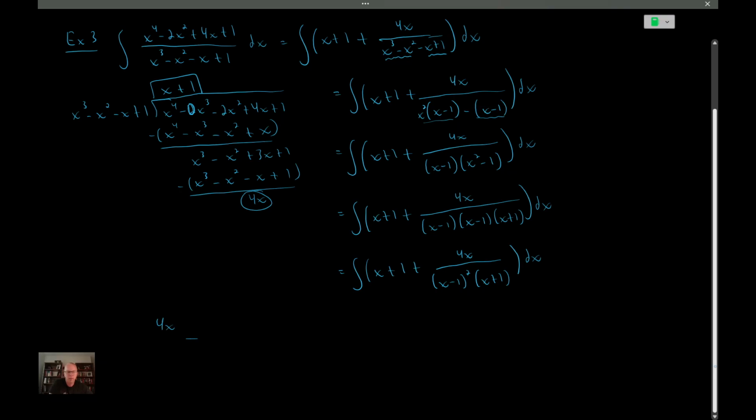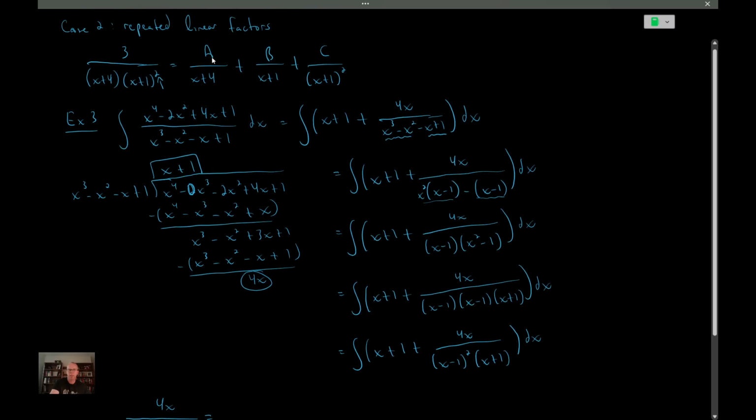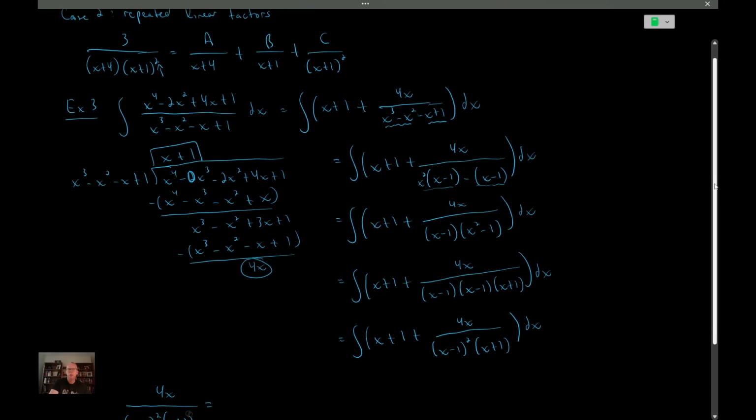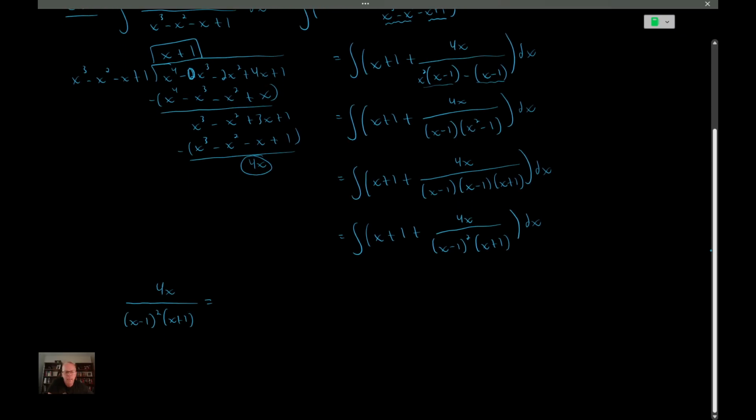So we have 4x over x minus 1 squared times x plus 1, and we're going to set it up the way we did up here. So we have a over x minus 1 plus b over x minus 1 squared plus c over x plus 1.